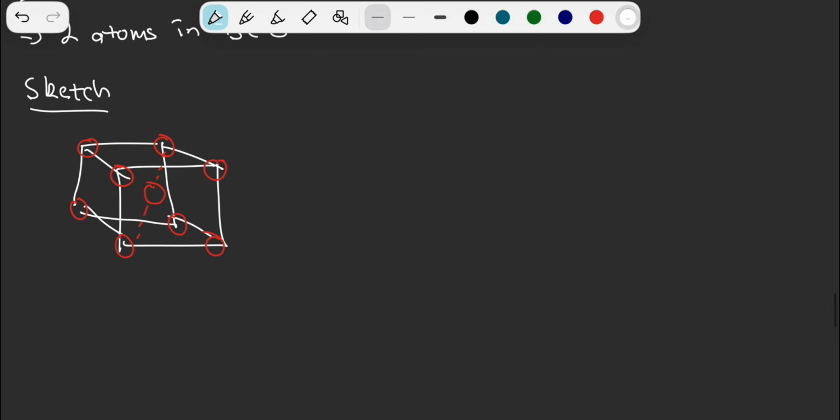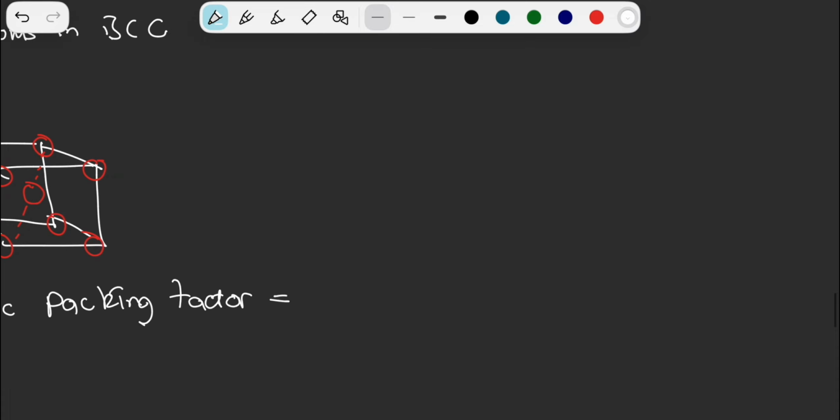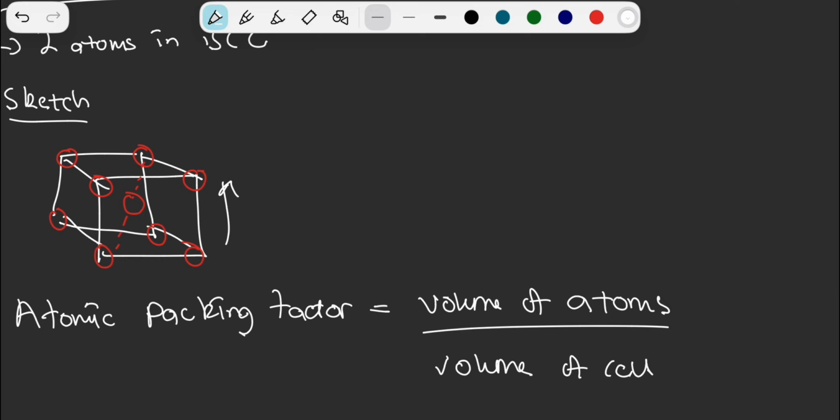Okay. Similar to simple cubic, we're going to talk about the atomic packing factor. And remember what I said, it's basically A on top, alphabet A comes first. So volume of atoms divided by volume of cell. Again, the lattice parameter is basically something that we came up with.